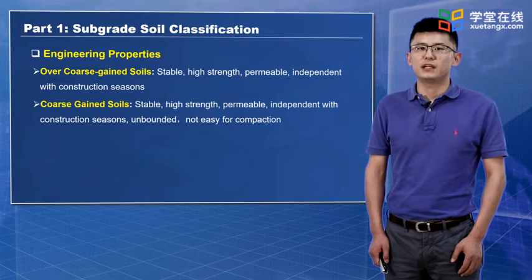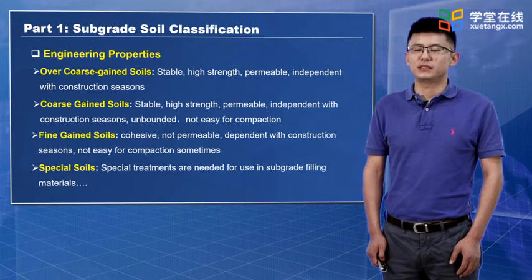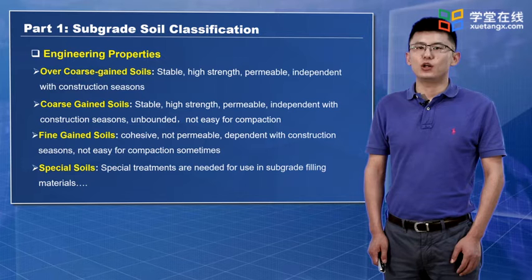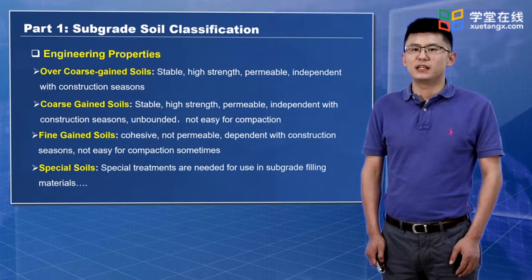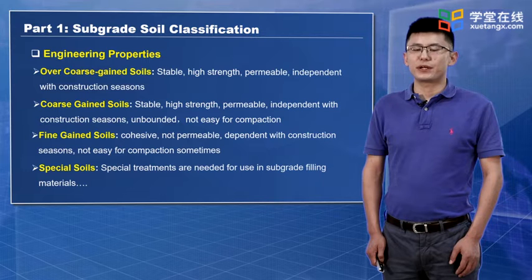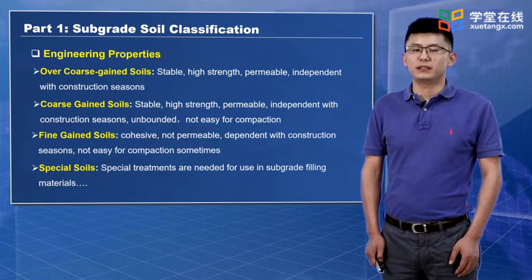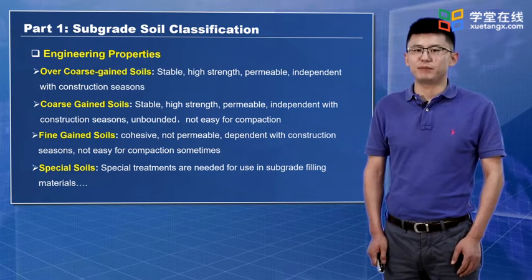In comparison, fine-grained soils are generally cohesive, non-permeable, and dependent on construction seasons. And I also want to highlight that for some special soils, if they are utilized for subgrade filling in highways, we may need some special treatments for them.